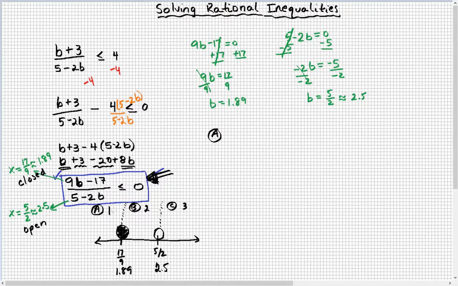So in region A, we're saying that when b equals 1, is this inequality true? Well, let's find out. 9 times 1 minus 17 over 5 minus 2 times 1 is the number that we're going to get, less than or equal to 0. All right, use your calculators and don't forget to use your outer parentheses.